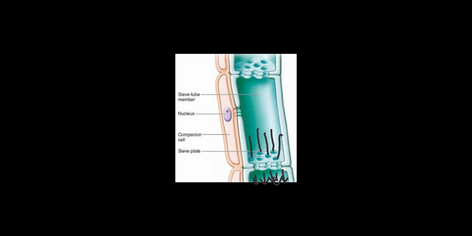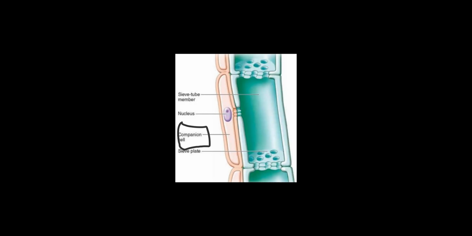As you can see, these cells, sieve tube cells, sieve tube members rather, are lacking a nucleus. Although they are living cells, they have the protoplasm in them, but they are devoid of the nucleus. Actually, their activities are governed by the nucleus of the adjacent cell known as the companion cell.